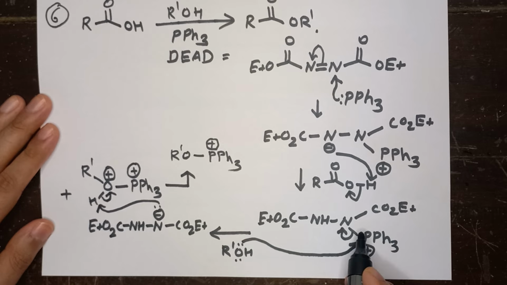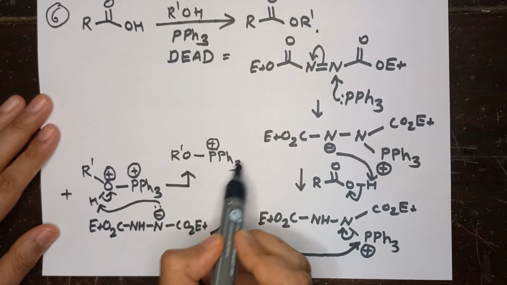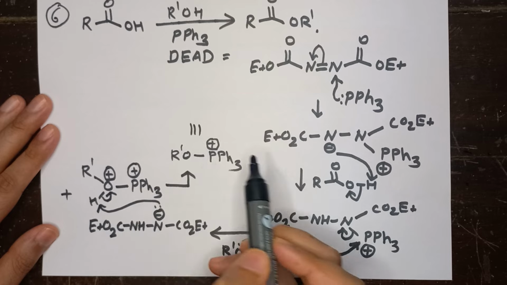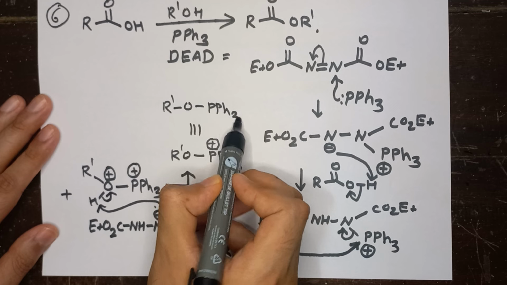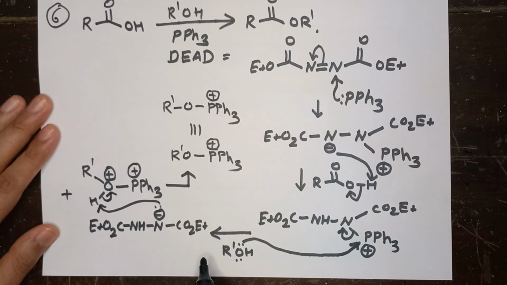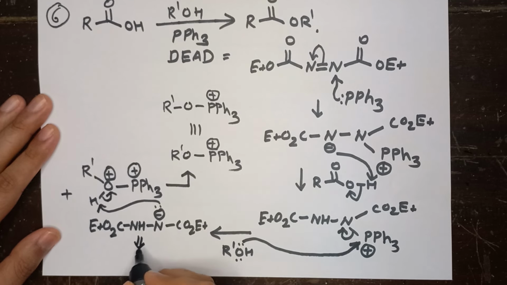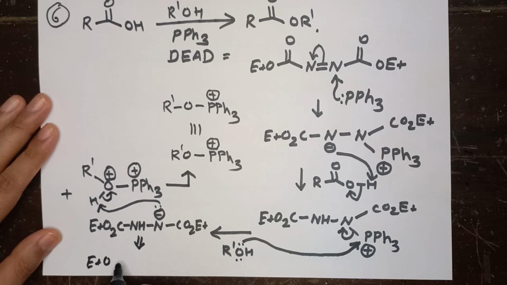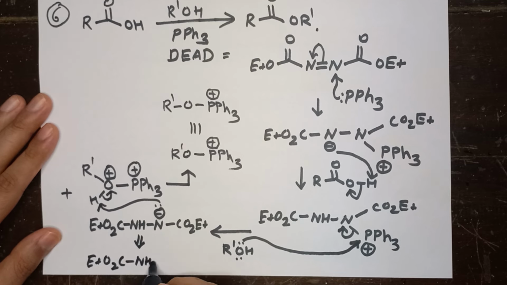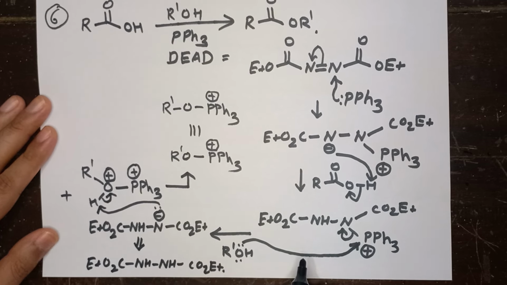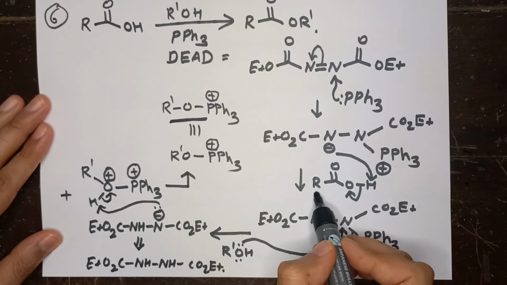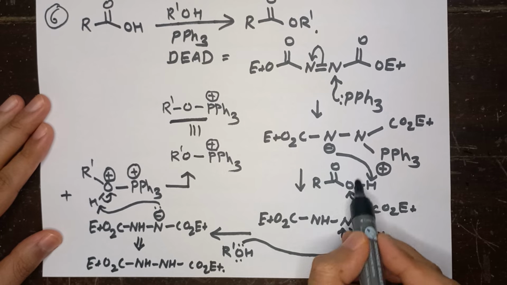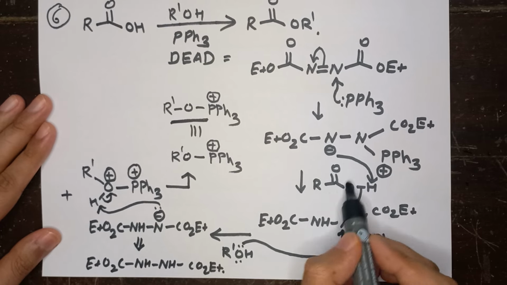Okay, so now at this point of time I need to write it in a full structure form. And the byproduct here we are getting is EtO2C, NH, NH, and CO2 ET. So till now we have generated this molecule, and we have formed a carboxylate anion here. So now this will come into picture.